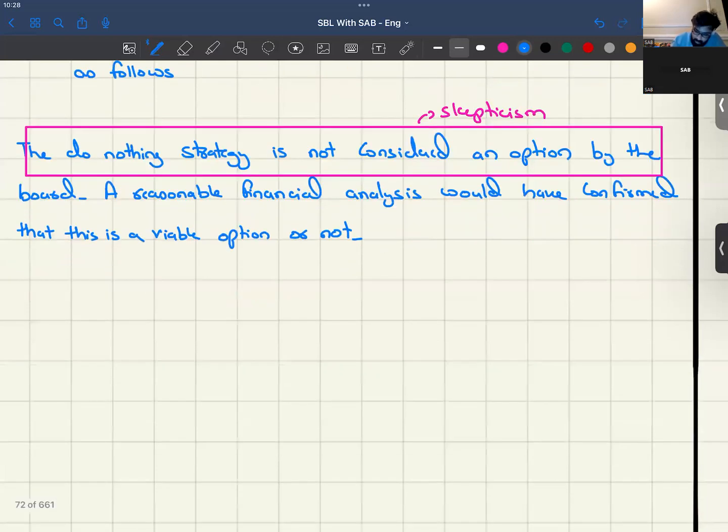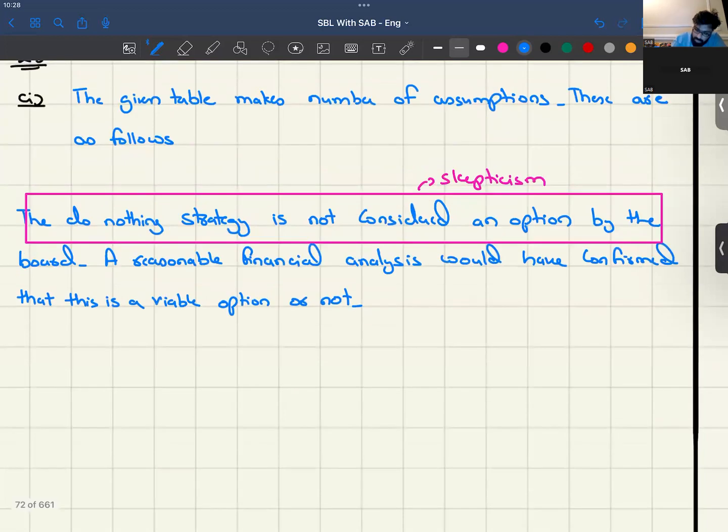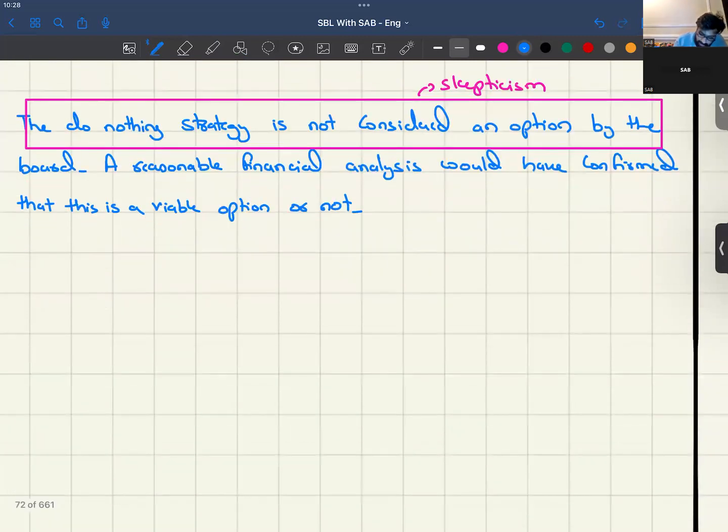Similarly, other assumptions. See, initially you have mentioned the assumptions here. So any other assumptions? Yeah, the decline in revenue. Why have you estimated the decline, right? The decline in revenue of 10% requires valid justification, right?